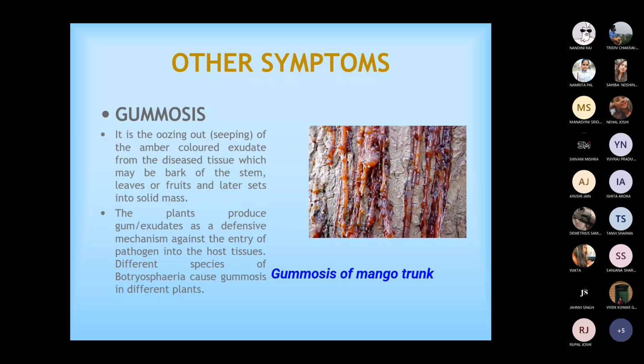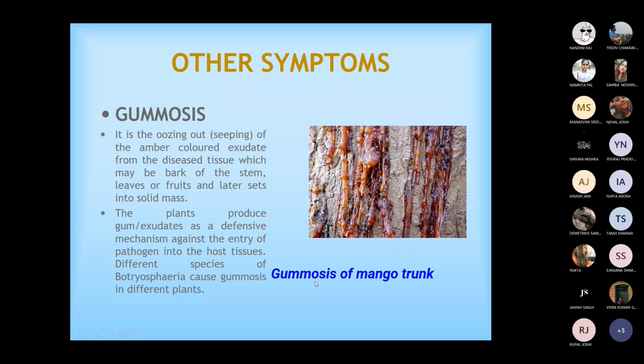So when a certain pathogen is attacking and getting penetrated, as a result of the defense mechanism, they start producing this kind of liquid, it starts coming out, right? So the plants produce gum as a defensive mechanism against the entry of the pathogen into the host tissue.